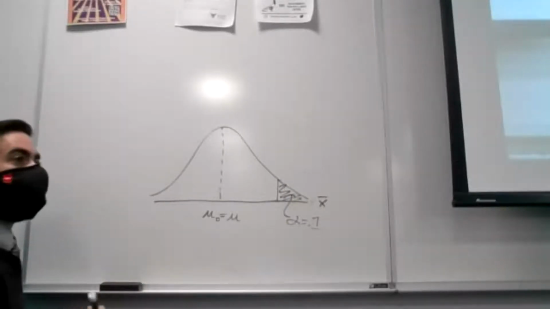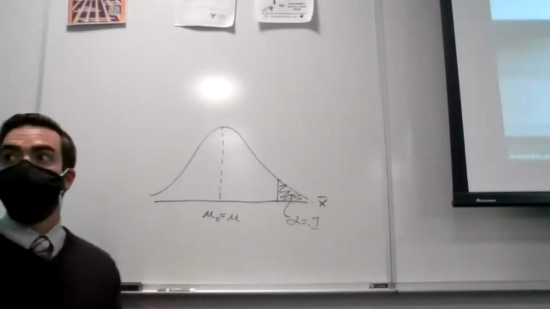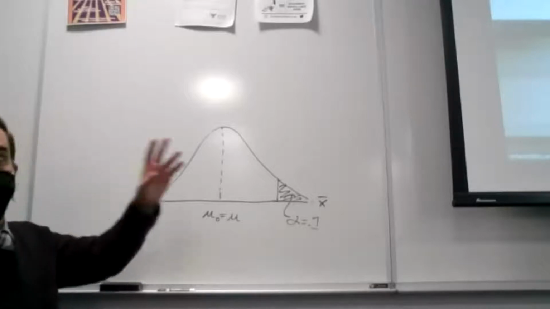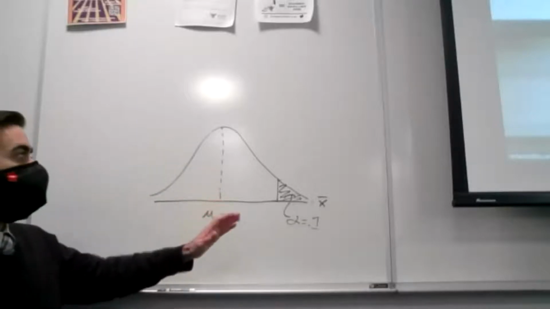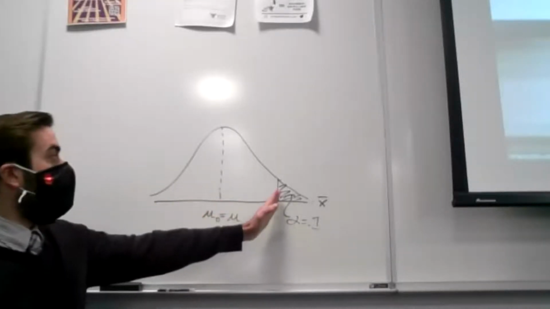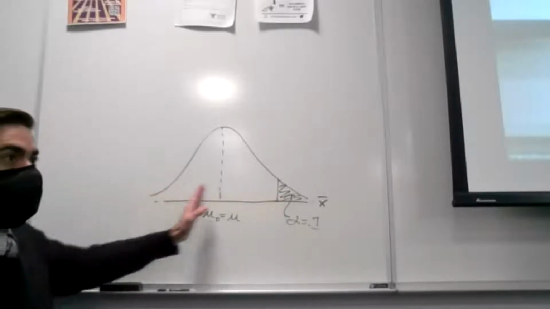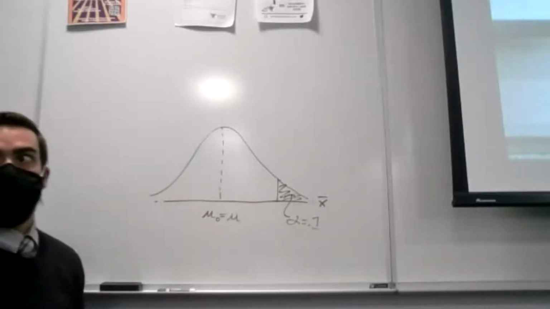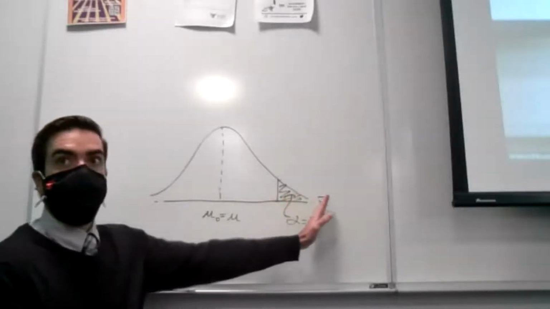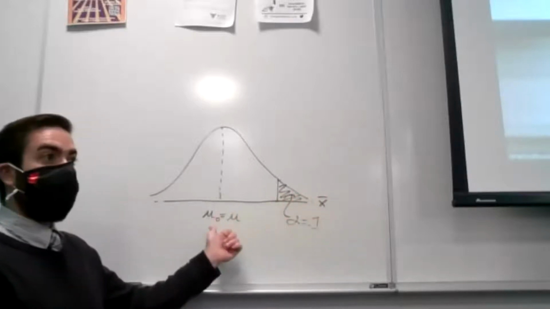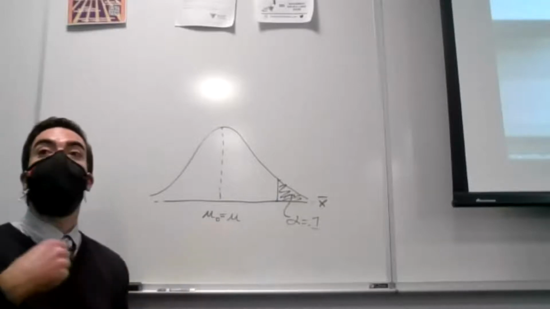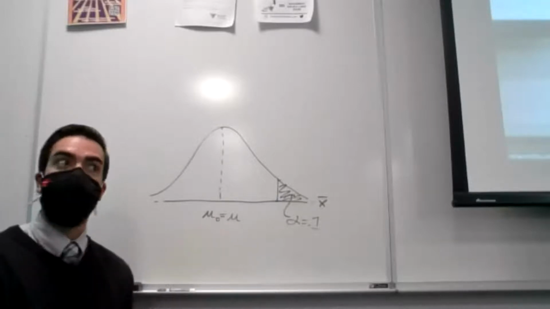If we were able to take a bunch of different sample means, let's say we could take, I don't know, 10,000, what will end up being true is that 90% of the time, if we set alpha to 0.1, I'll get a sample mean that's somewhere in this range, and I'll be failing to reject what I assume to be true. However, 10% of the time, I'll get a sample mean in this range. I would reject this as the true mean, even if after the fact I was able to observe and say, well, actually that was the true mean, right? What I assumed to be true was in fact true.